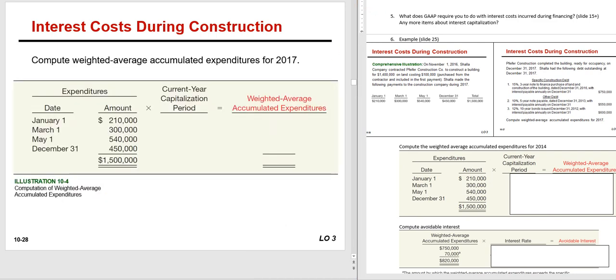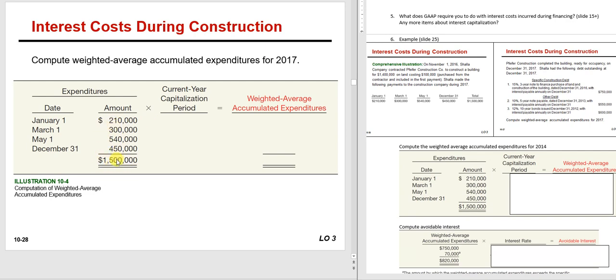Last thing that I wanted to point out, I talked about it before, then I forgot about it, was what happens when, notice it's $1.4 million for the building and land is $100,000. When you have land included in the purchase price, all of the interest capitalization that you paid goes to the building because obviously I don't construct land. So I don't have to really subtract out the $100,000 on it.